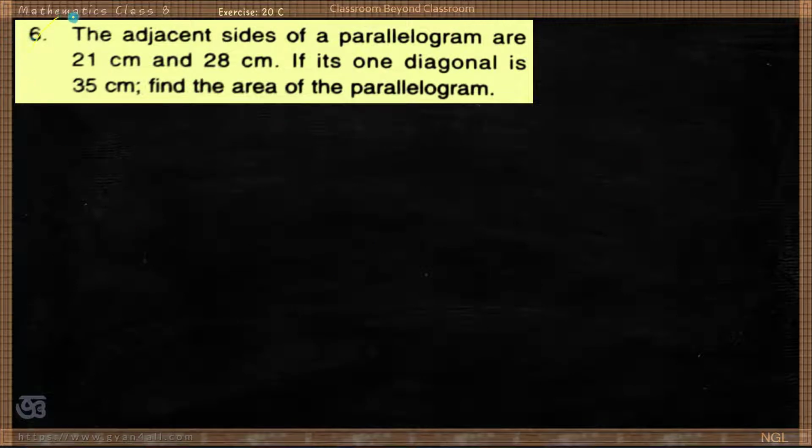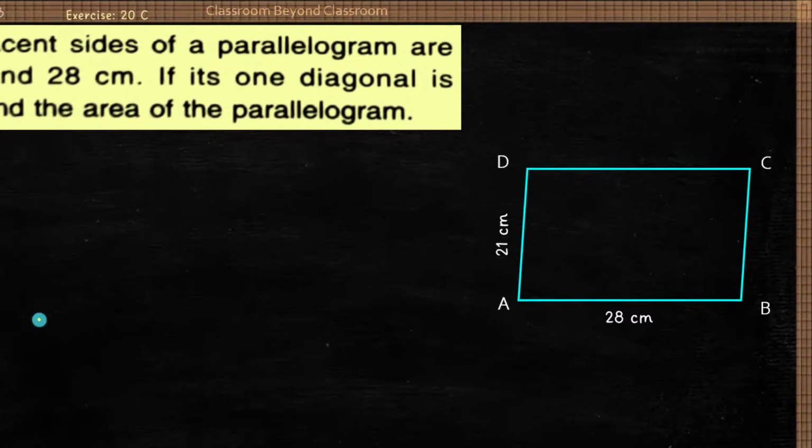Question number 6. The adjacent sides of a parallelogram are 21 centimeter and 28 centimeter. If its one diagonal is 35 centimeter, find the area of the parallelogram. ABCD is a parallelogram. Sides are 20 centimeter and 21 centimeter, adjacent sides.